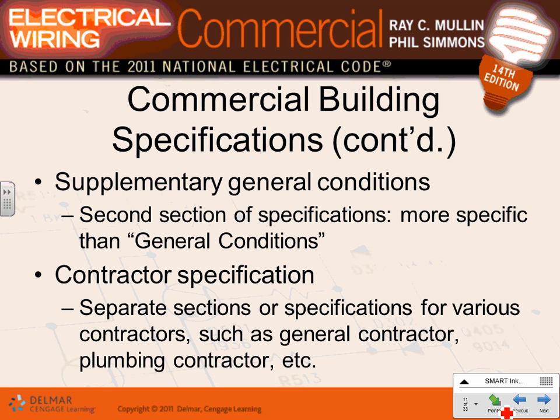Then contractor specification. This section's contractor specification will be, for us, Spec 1600 or 26,000. These are the specifications that we have, the electrical specification. The one that you printed for the project, remember that set that you printed, will be under contractor specification: electrical, mechanical, architectural, and so forth.